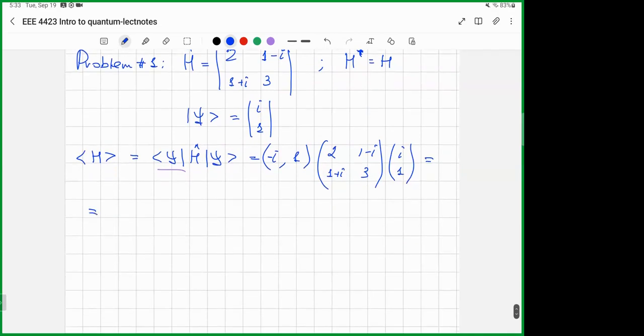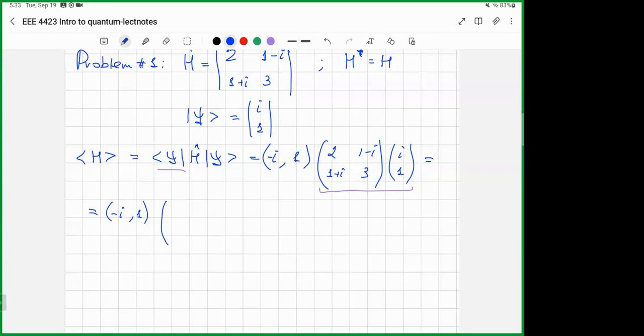Okay, I just take the matrix product of these two, and then the second one. So for now, I get minus I1. This is the bra vector.